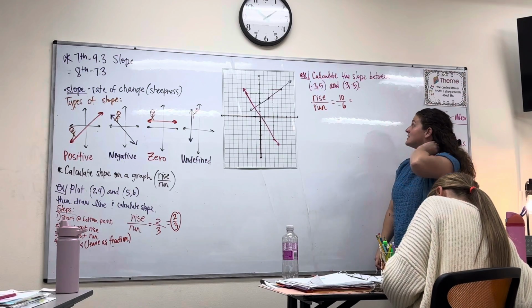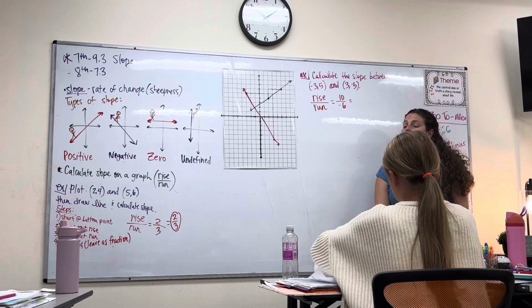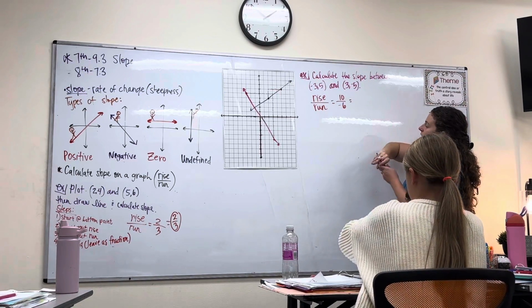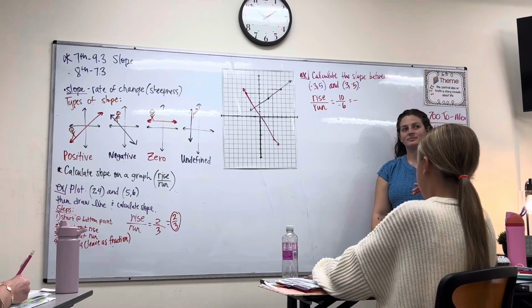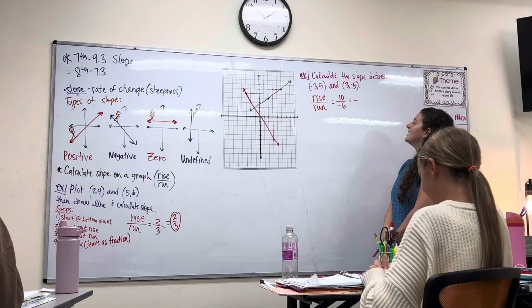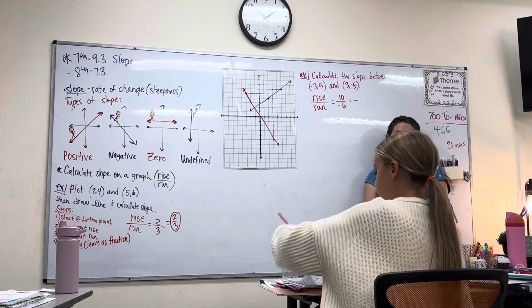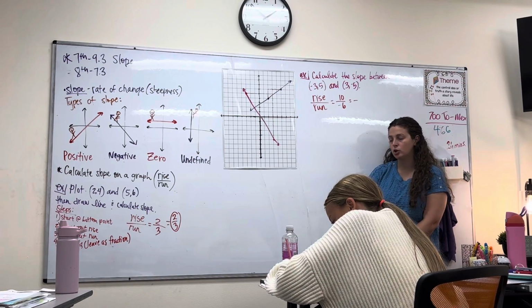Alright, and then we need to simplify. First of all, a positive divided by a negative is what? Yes, because different signs, negative. Y'all remember that song? Alright, and then we simplify 10 over 6 as a fraction. 10 and 6 can both be divided by what? 2, yep.